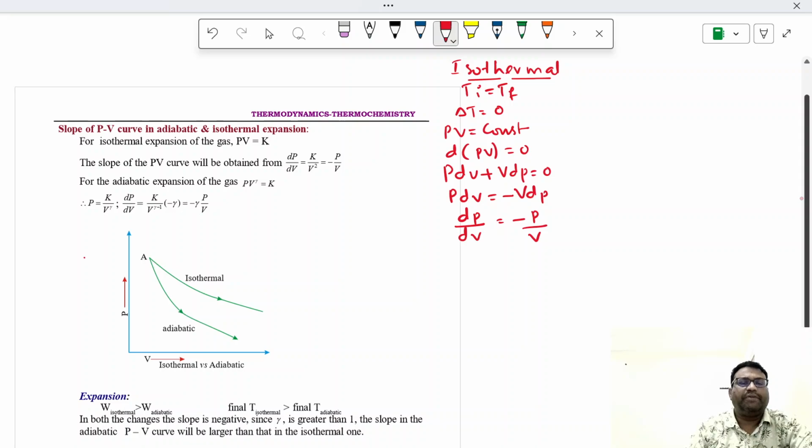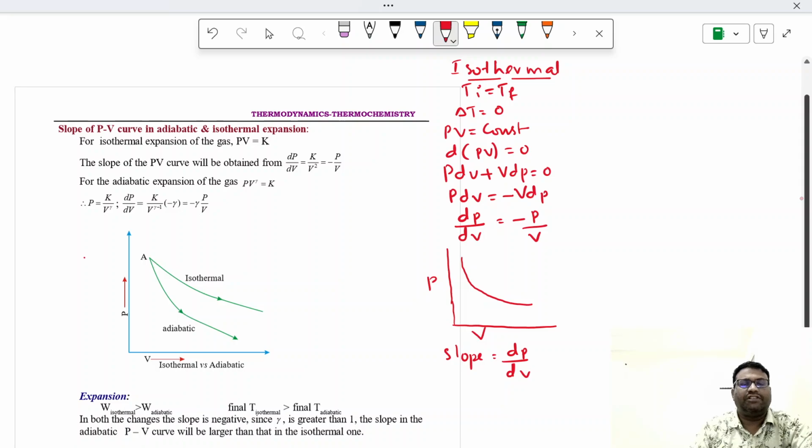So what is dP by dV? Here, let us take a graph. When you draw a graph between P and V for the isothermal process, what graph are you getting? You are getting a graph like this. The slope of this graph is dP by dV, a negative slope.